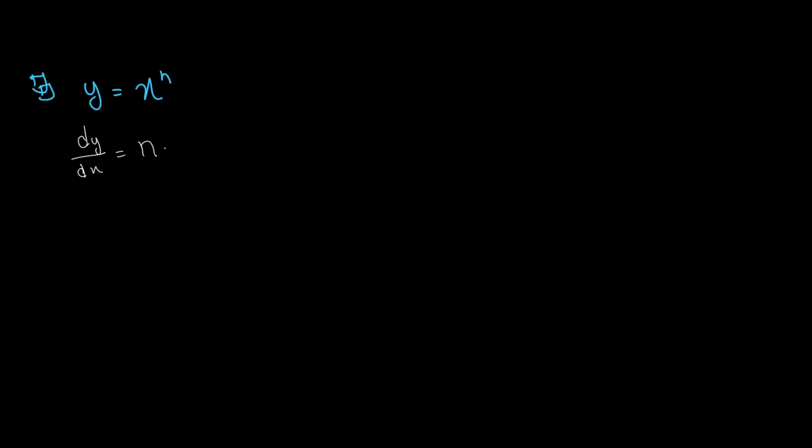So n will come on the front, then we have x, and the value of the power, which is n, will be decreased by 1. So our power will be n minus 1. When we are given a formula like this, after differentiation we will get something like this. And from the very start, we will see how we will use this example to get our desired answer.